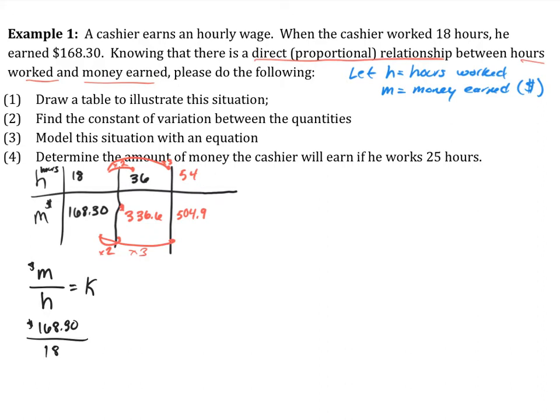So when I do that, 168.3, and I divide that by 18 hours, I get 9.35. So my constant of variation is 9.35.